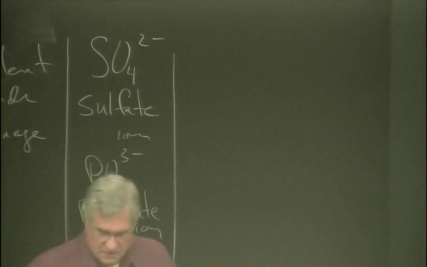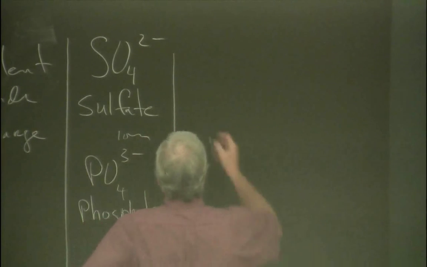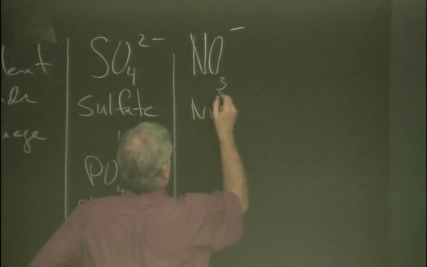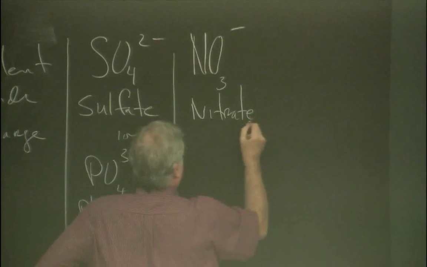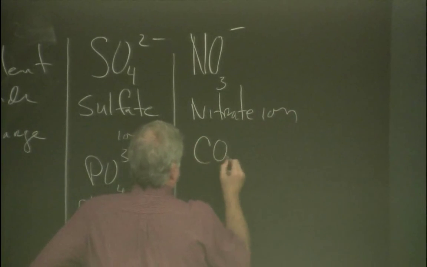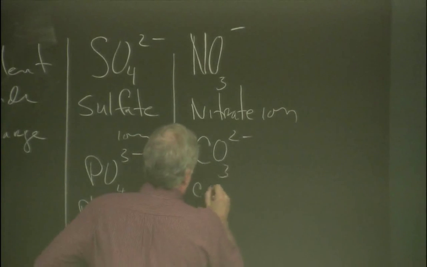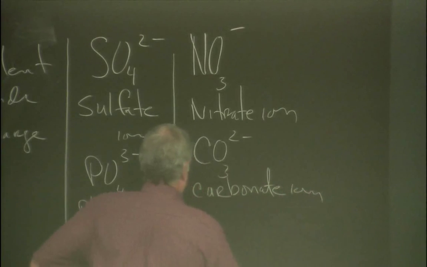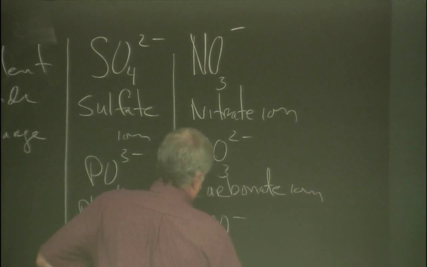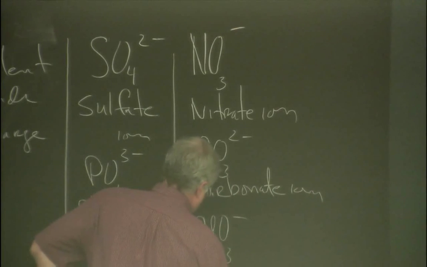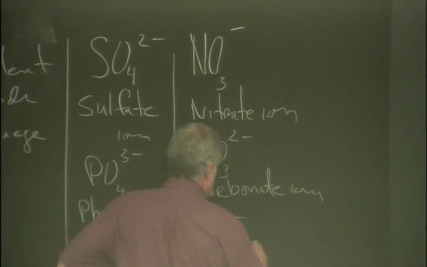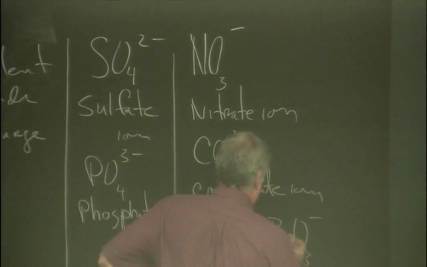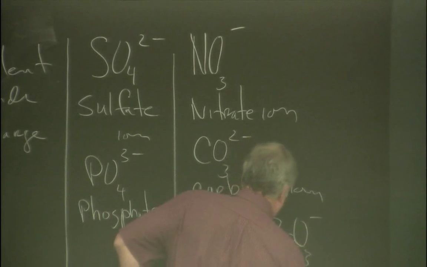How about the nitrate ion? The carbonate ion. The chlorate. And very similar to that, the bromate, right below chlorine. Bromine's right below chlorine, so that'll be bromate.